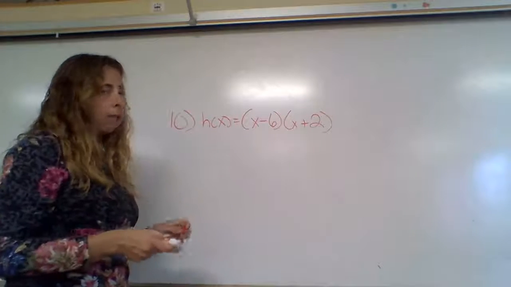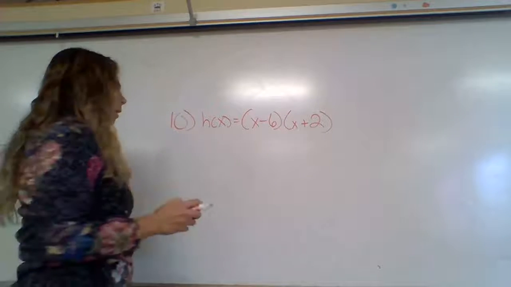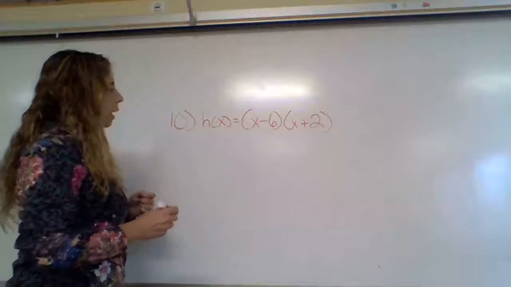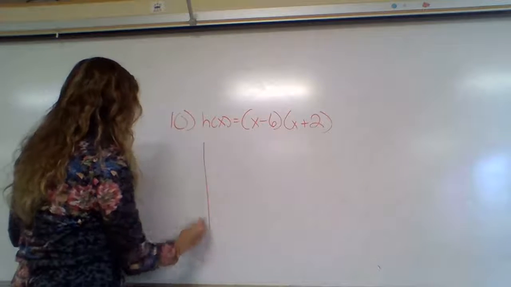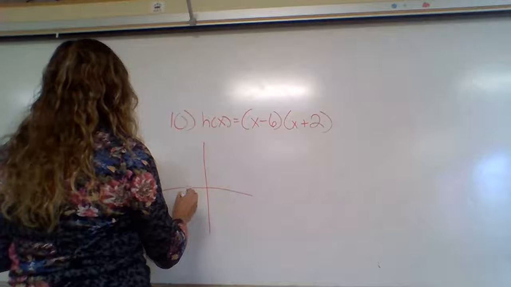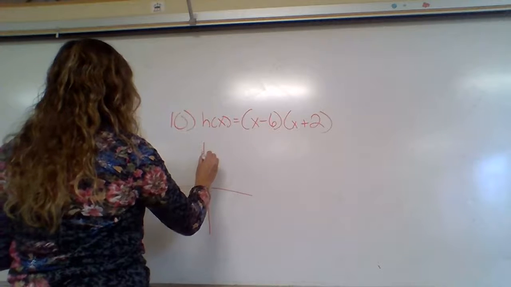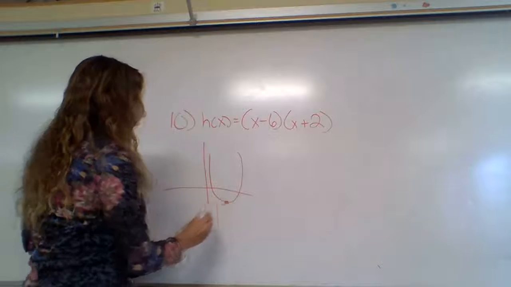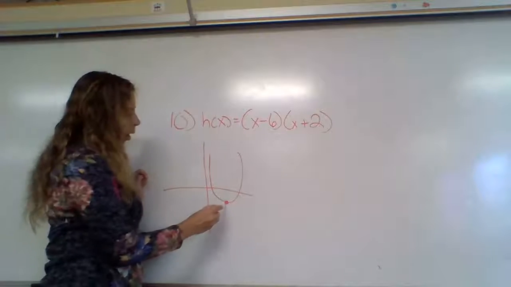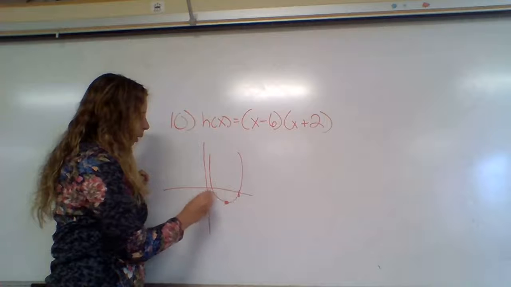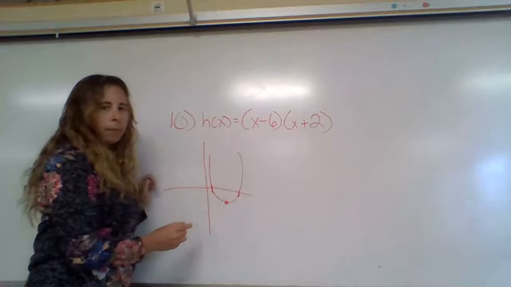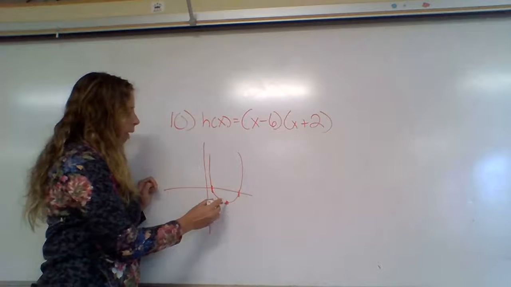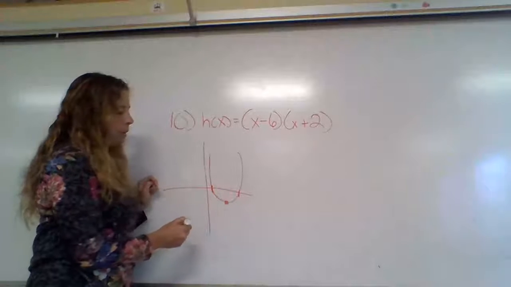I think the easiest way is if I have a parabola, there's my vertex. Your vertex is always halfway between your x-intercepts.